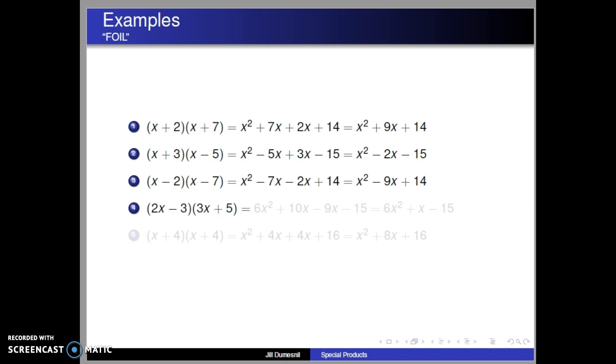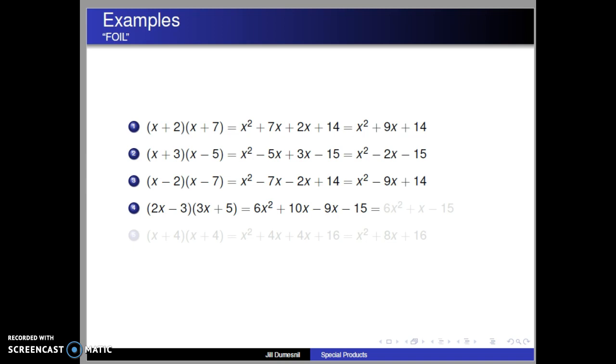Now let's make our problem a bit more involved. To multiply 2x minus 3 times 3x plus 5, we still multiply the first two terms. 2x times 3x is 6x squared, plus the outer two terms, 2x times 5 gives us 10x, plus the inner two terms, minus 3 times 3x is a minus 9x, plus the last two terms, minus 3 times 5 is a minus 15.